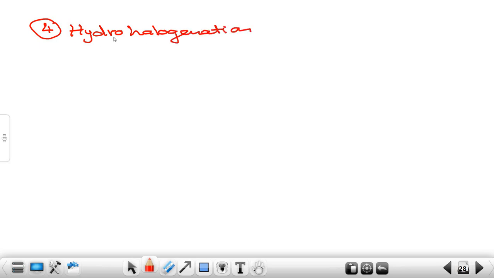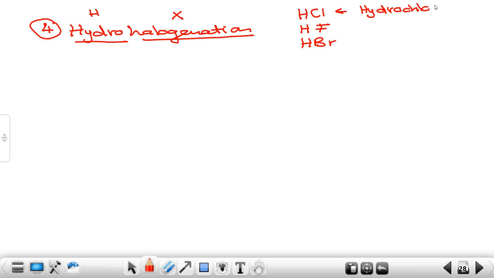So hydrohalogenation means we're adding hydrogen and we're adding 1 halogen only. So this could be, for example, HCl, HF, HBr, right? These are most popular. So this is the addition of hydrochloric acid. This is the addition of hydrogen fluoride. And this is hydrogen bromide.